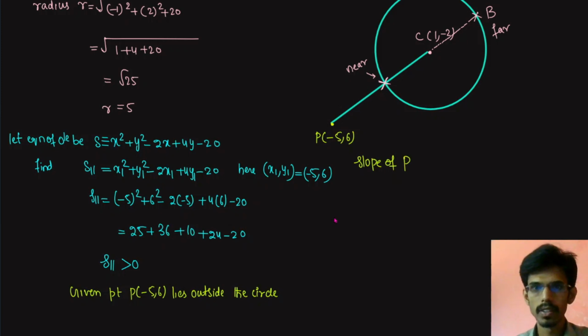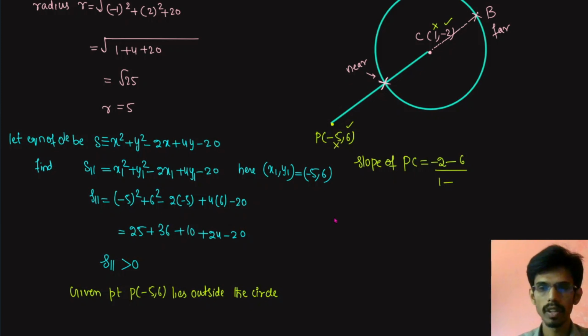PC will be y2 minus y1. y2 is minus 2 here, so y2 minus y1 is 6 by x2 is 1 here minus x1 is minus 5. So this will be minus 8 by 6, which is minus 4 by 3. So the slope of PC is minus 4 by 3.